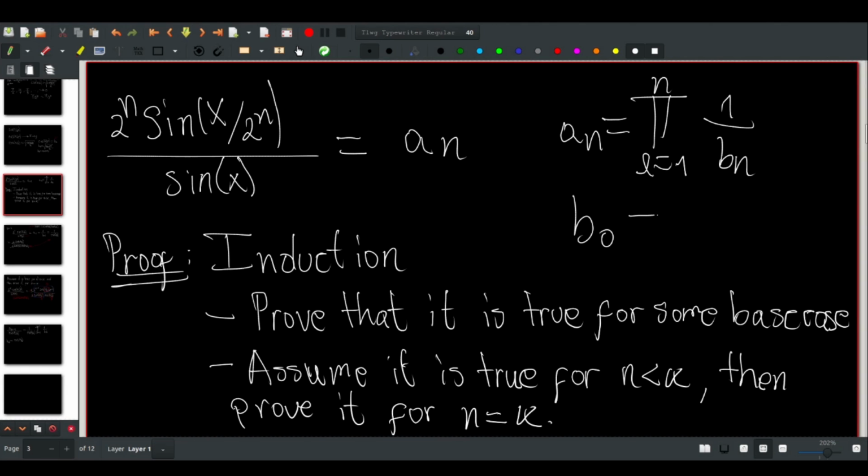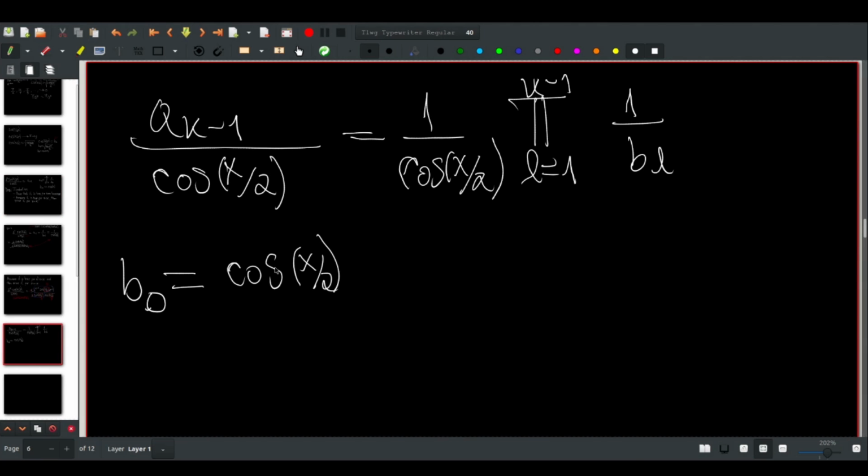Why? Well, notice that this whole ladder started here. B_0 is cosine of x, right? So it's the cosine of whatever was in here. So if the sine is down here, it's the cosine of that, right? So the starting point for this sequence is actually cosine of x half, and since I'm going from L equals 1, what I'm dividing by is actually the next term, the cosine.